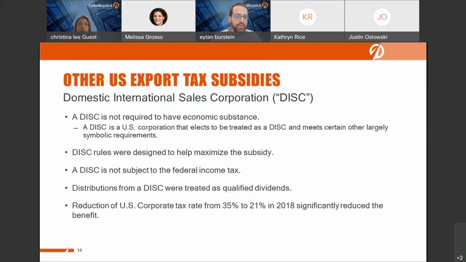So while in prior years, the C corporation would get a 35% deduction on the commission and the U.S. shareholders would pick up the dividend at qualified dividend rates, obviously now that benefit has been reduced. So while we do see some DISCs still around, certainly less so than in years past. Next slide, please.